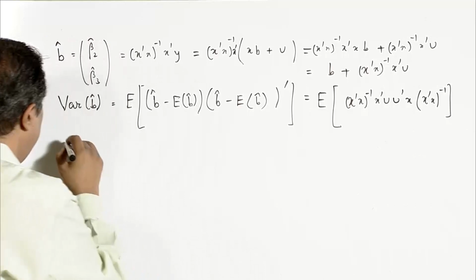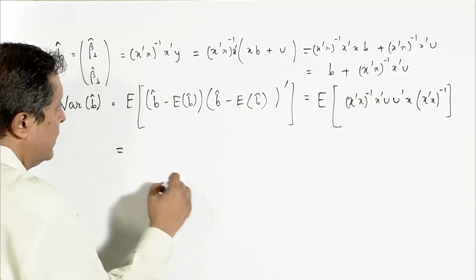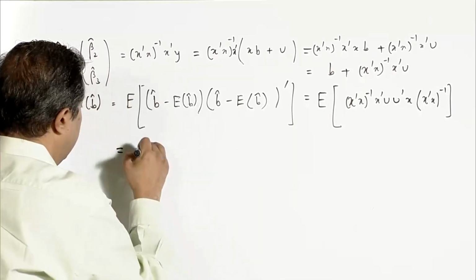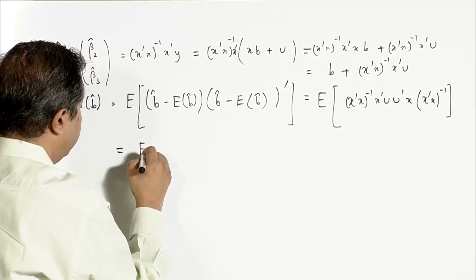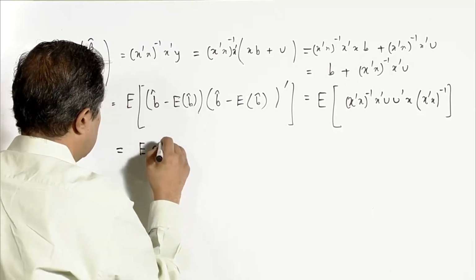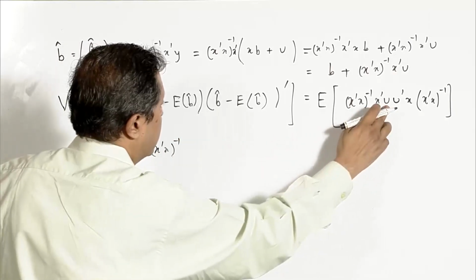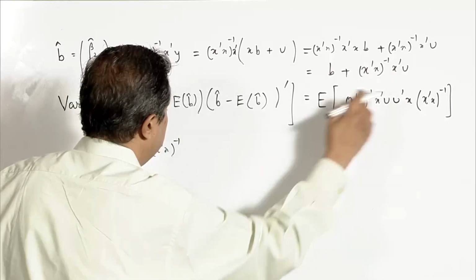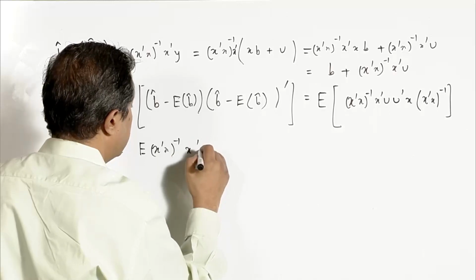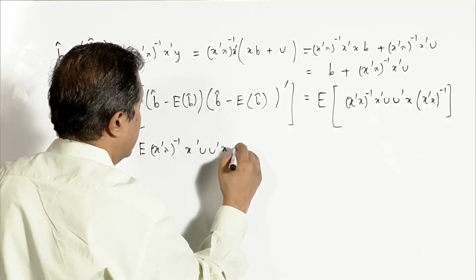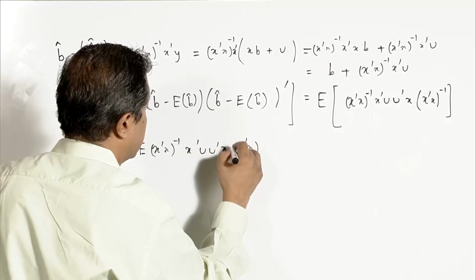Therefore, the variance of b hat boils down to the expectation of x prime x inverse, x prime u u prime x, and then x prime x inverse.